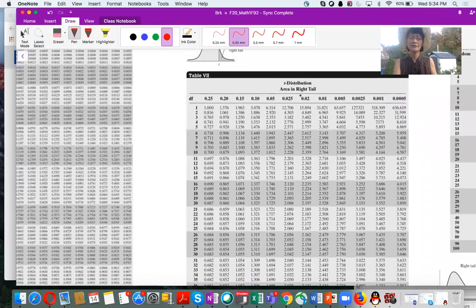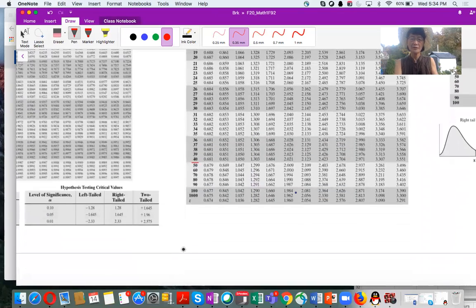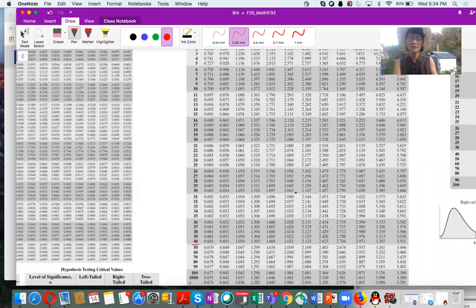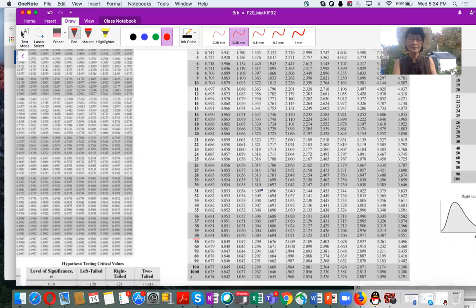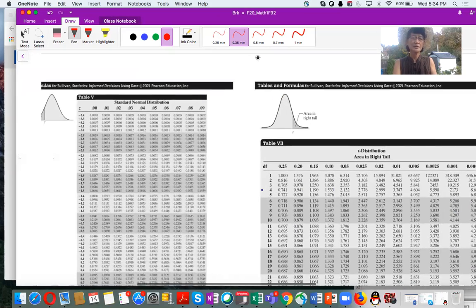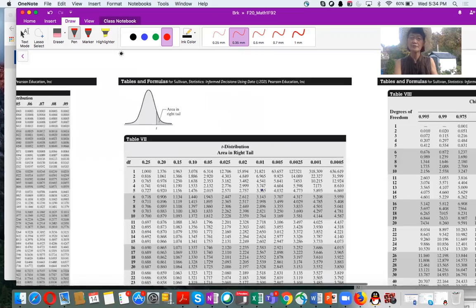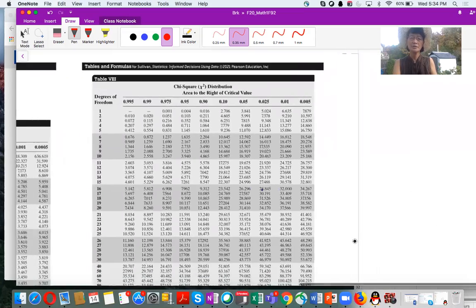Now this is for finding the critical value. I already have a value 0.013, so I try to locate that value. Do I have another T table? This is standard distribution. This is chi-square.